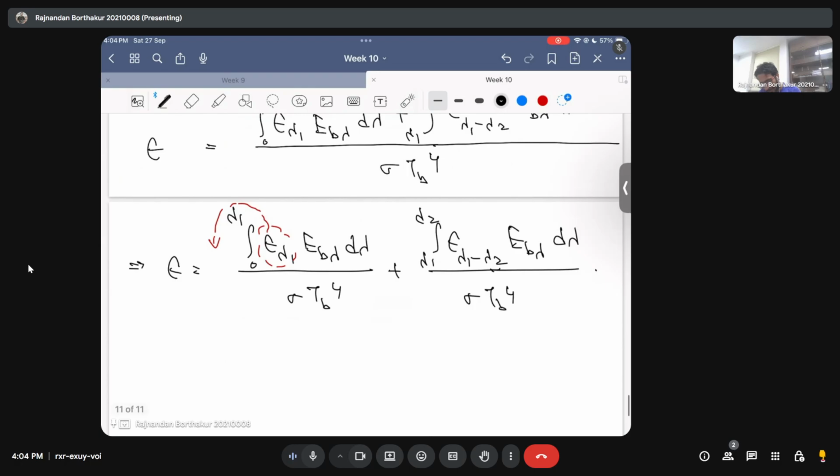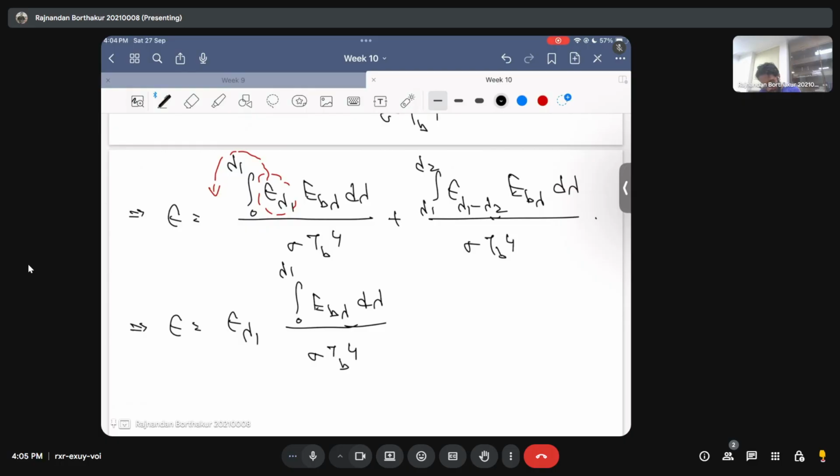Then I can write this epsilon as epsilon lambda 1, equal to 0.2, times the integral from 0 to lambda 1 of E_B lambda d lambda by sigma times T_B raised to the power 4, plus epsilon lambda 1 to lambda 2 times the integral from lambda 1 to lambda 2 of E_B lambda d lambda by sigma T_B raised to the power 4.